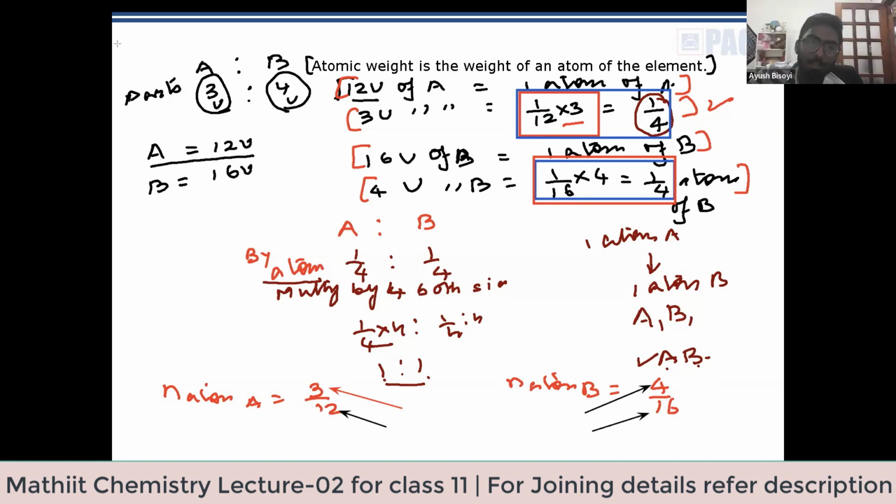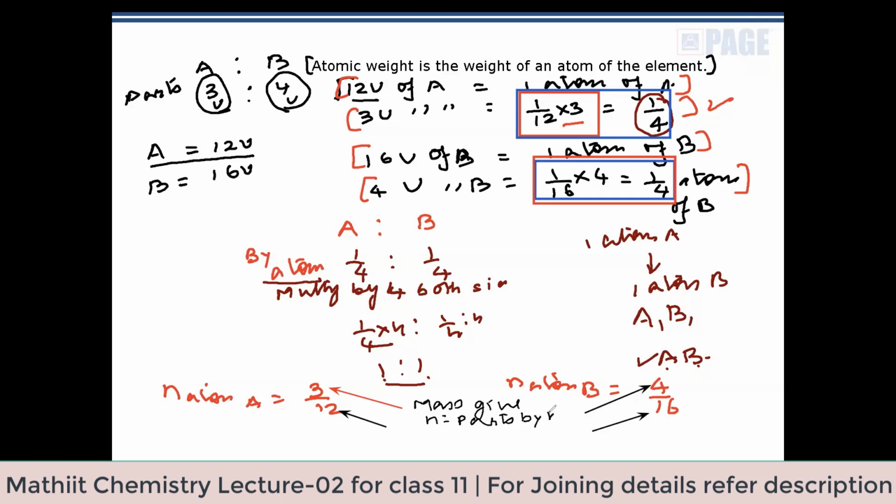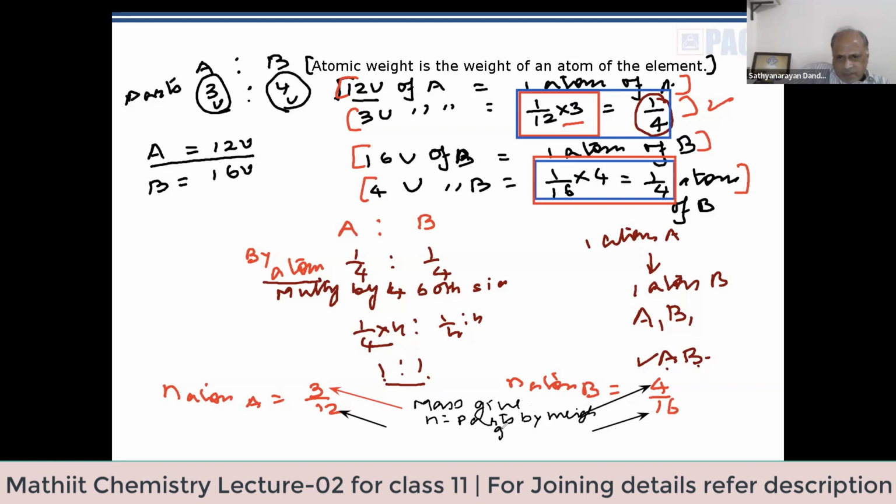Parts by atomic weight. Atomic mass. 3 is mass given or number of parts by weight given. Do you agree, yes, or you don't agree?